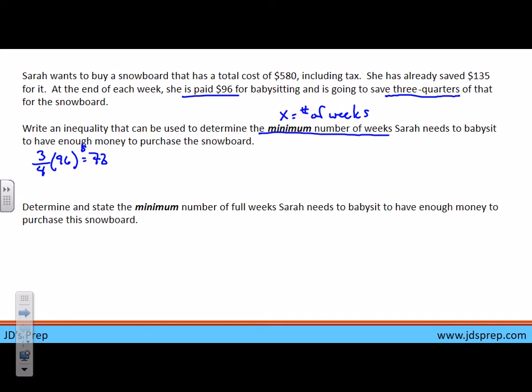Putting that together with our variable for the number of weeks, we have 72x, giving us the amount of money that she is saving here.